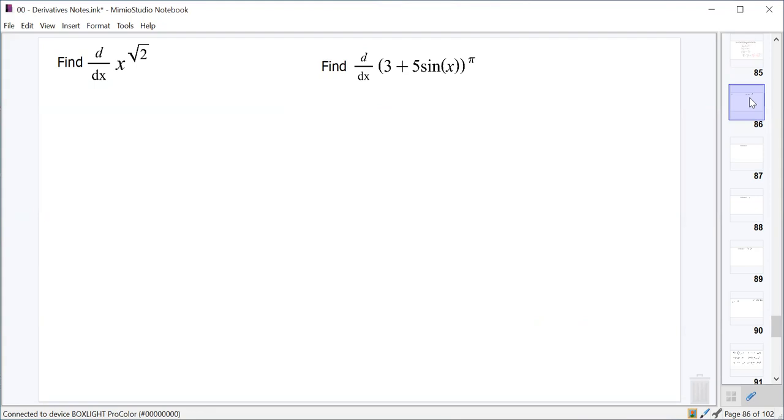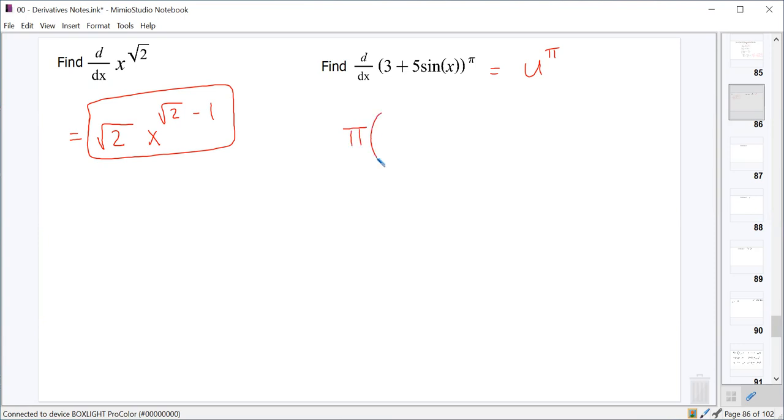So if I had, for example, x to the power of the square root of 2, the derivative of this should just be the square root of 2 times x to the square root of 2 minus 1. Even if I had a function being raised to the power of some number n, like pi, I could rewrite this as u to the pi and use the chain rule to take the derivative to get pi times u, 3 plus 5 sine x, to the pi minus 1.